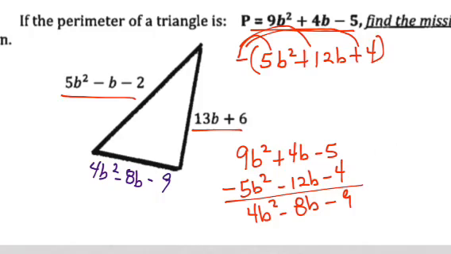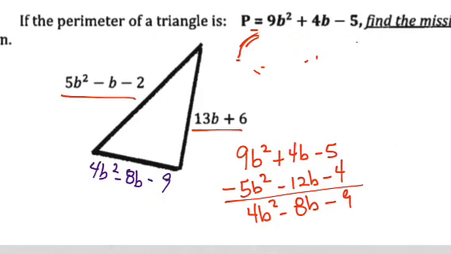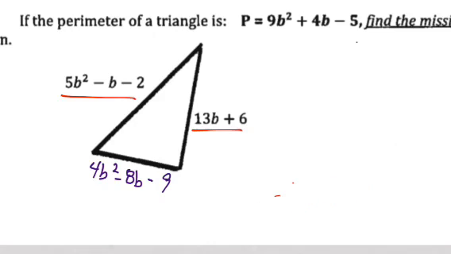So let's double check that and make sure that all of our addition and subtraction is correct. So 5b squared and 4b squared give us 9b squared.